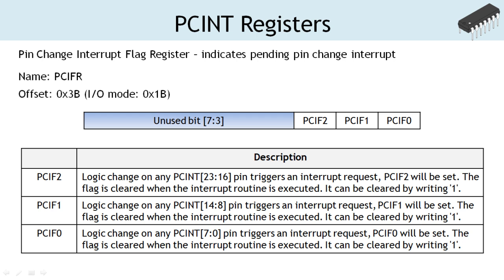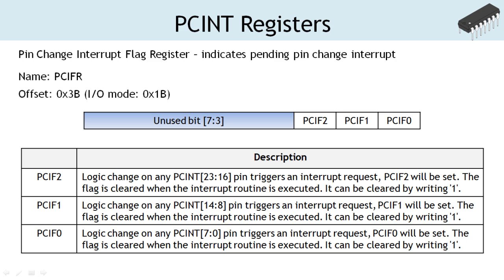The microcontroller clears the corresponding bit in the register PCIFR by writing 1 once the interrupt service routine is executed. The software can also clear the corresponding bit by writing 1. The offsets 3B and 1B in hex are used to reference the register in memory mapped and IO mapped modes respectively.